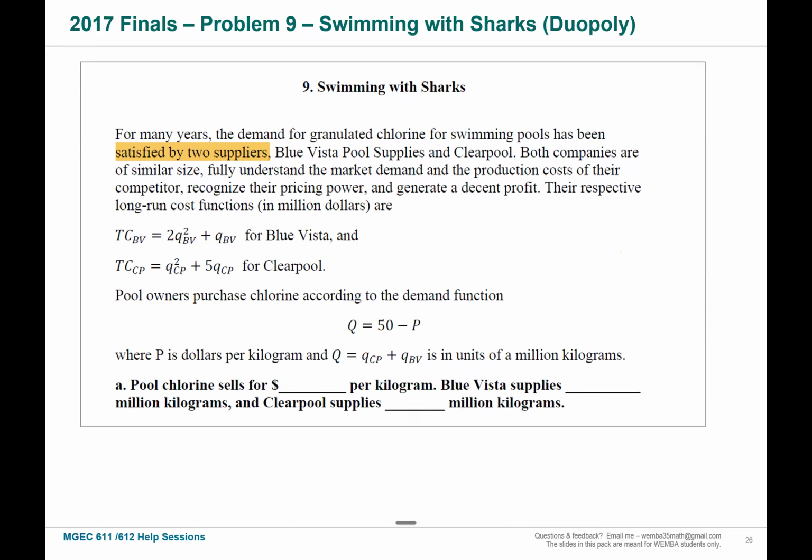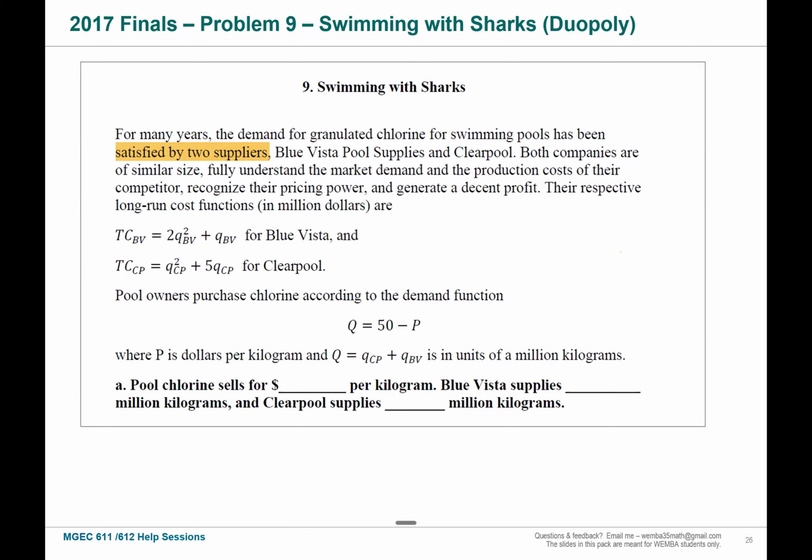Okay. What else? Pool owners purchase chlorine according to the following demand function. So you have that. Okay, how are they making decisions? Pool chlorine sells for a price per kilogram.